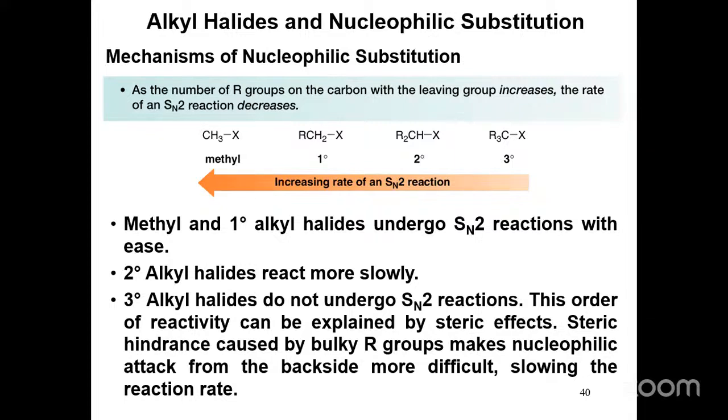So generally, as the number of R groups on the carbon bearing the leaving group increases, the rate of SN2 reaction decreases. Secondary halides react slowly, and tertiary never undergo SN2.